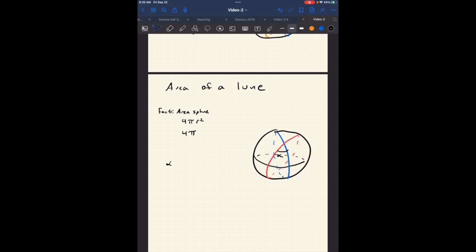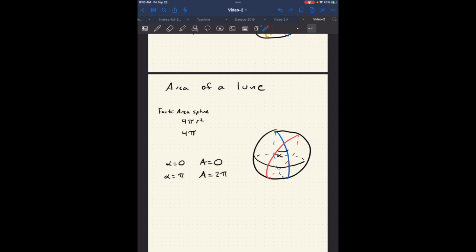So if alpha is 0, well, we get no area in there. And what's another thing we can observe? If alpha is pi, the area is going to be 2 pi in one of these things. That'll be half the sphere. Or if you consider since we have 2 copies of the loon, the total area would be 4 pi if you're counting both of those.